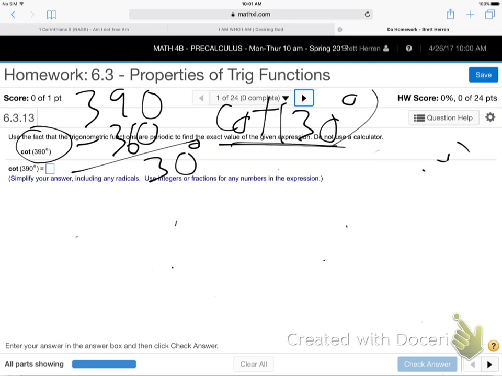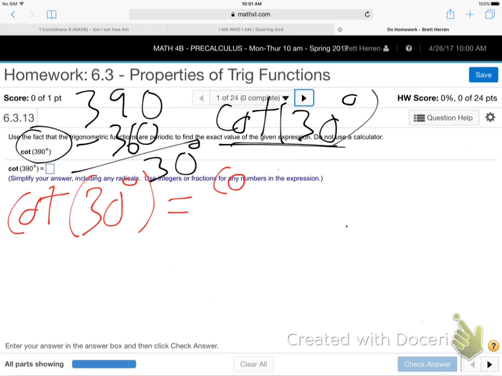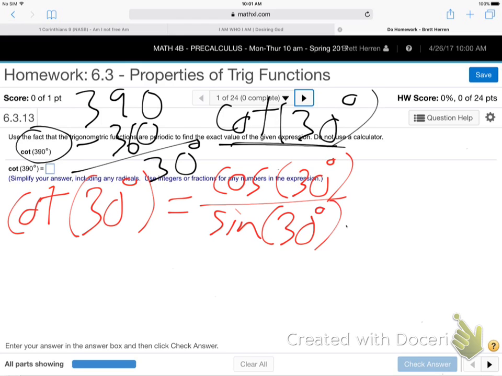Tan and cotan are pi, the others are 2 pi. So I'm going to go to the unit circle now. I'm going to say cotan of 30 degrees is cosine of 30 over sine of 30. Because remember, tangent is sine over cosine, cotan is cosine over sine.